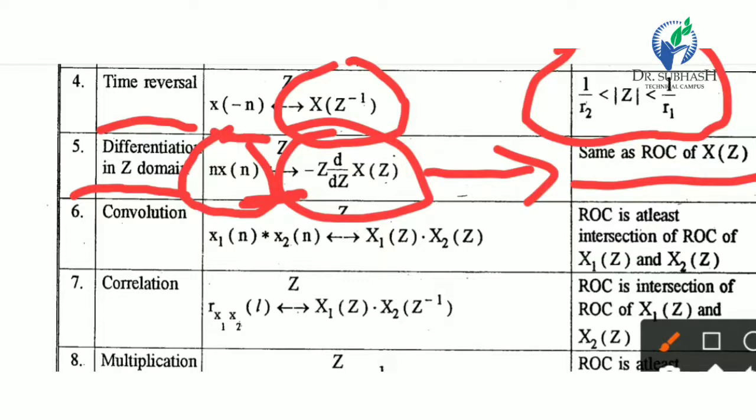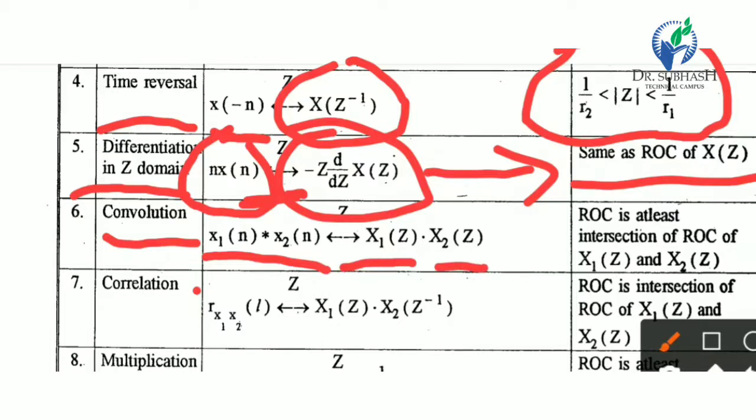The next property is convolution. x1 of n convolution x2 of n, the Z transform is X1(z) multiplied with X2(z).